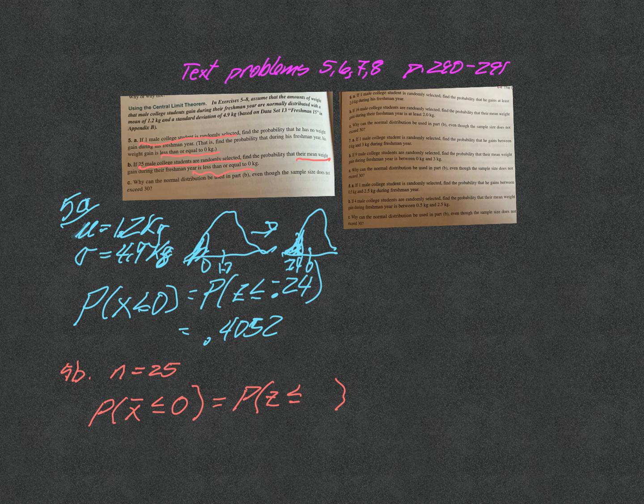So how do we do that? Well, we use the transformation. z is equal to the mean, which is 0, minus the mean of the sampling distribution, which is the same as the mean of the population, 1.2, divided by the standard deviation of the sampling distribution, which is actually the standard error. So it's 4.9 divided by the square root of 25.